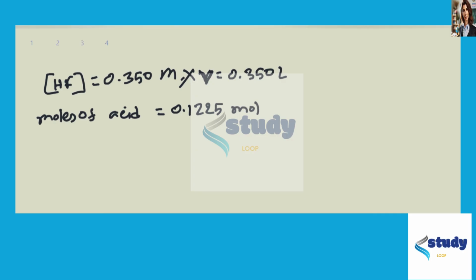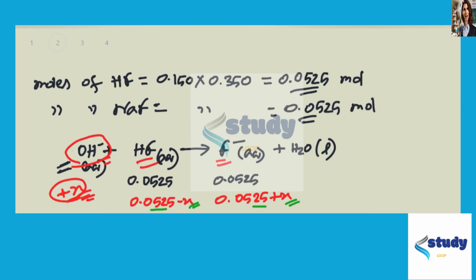So that is the moles of acid. And similarly, since we have the same concentration of base, our moles of base will also be 0.1225 mole.